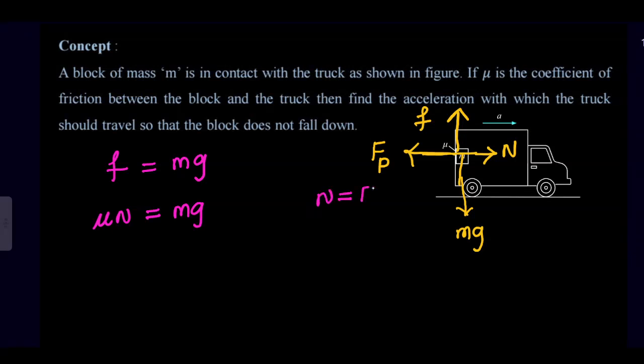That is Fp. Fp is the pseudo force. How much is the pseudo force? M into a. So N is m into a, and mu N is equal to what? M into g.